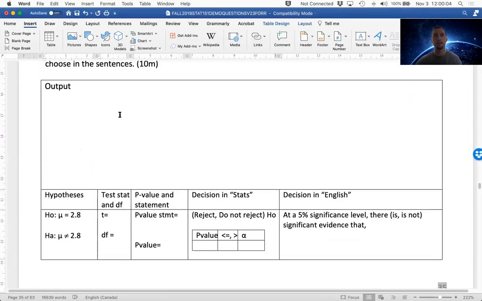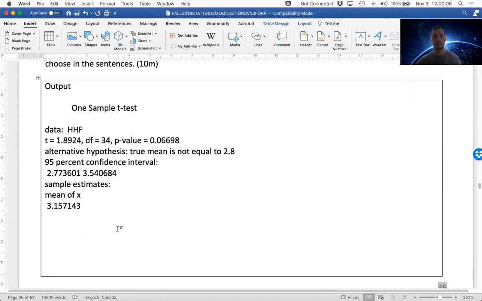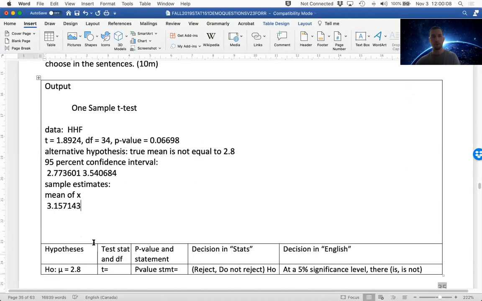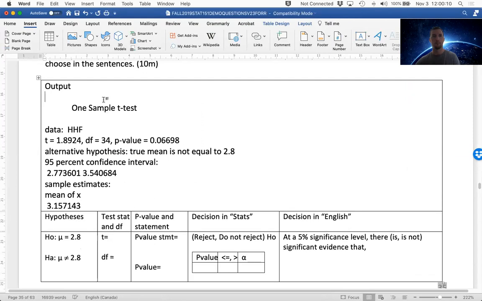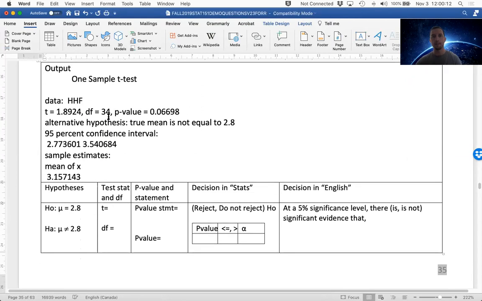Okay, so this is actually very interesting because if we look at the output here, what we can see is that the test statistic is exactly the same as it was above, right? So we had 1.8924 above. The degrees of freedom is obviously the same. Now the p-value statement is going to be 2 times because of the does not equal sign.